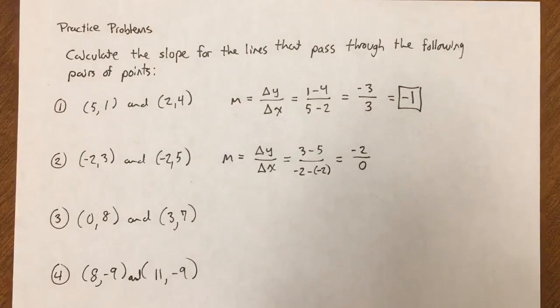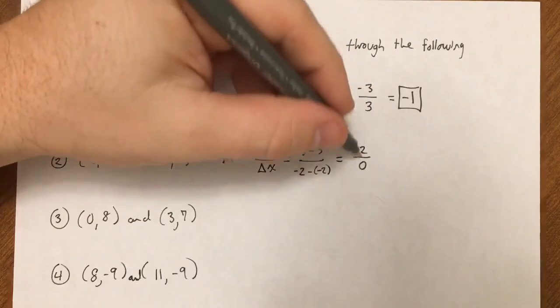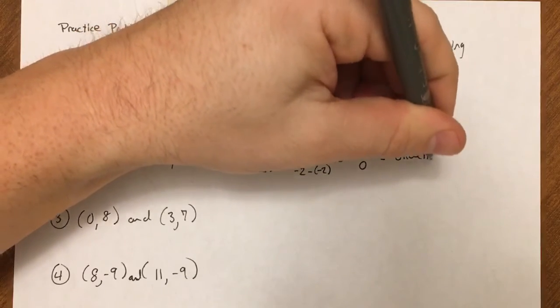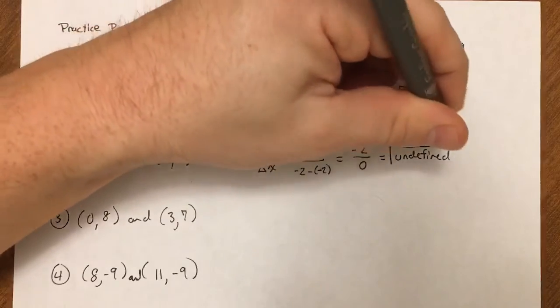But now, if you know anything about dividing by 0, this is an illegal operation. We're not allowed to do this right here. So we have a little bit of a situation here, because we cannot divide our ratio by 0. We end up with an answer that is undefined. So this slope is an undefined slope.